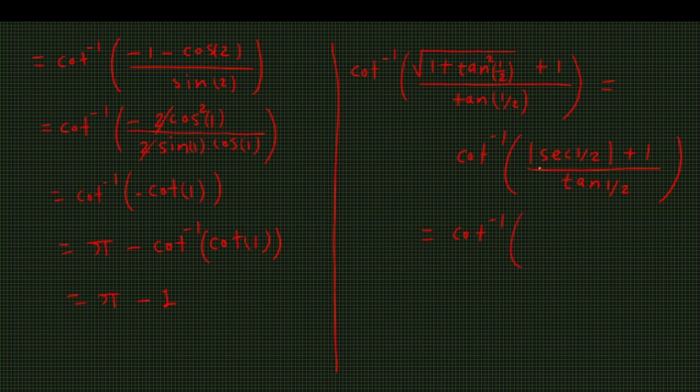So cot inverse mod sec half is plus sec half. So 1 plus sec half divided by tan half will be 1 plus cos half divided by sin half. So cot inverse 1 plus cos half is 2 cos square, half of half is 1 by 4, and divided by 2 sin 1 by 4 into cos 1 by 4.